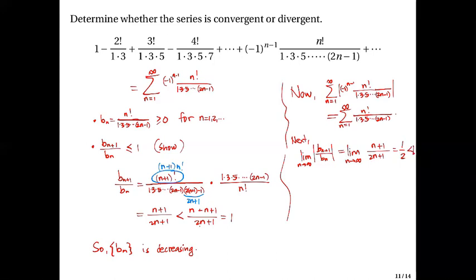Therefore, by the ratio test, the series negative 1 to the n minus 1, n factorial over 1 times 3 times 5 times 2n minus 1, from 1 up to plus infinity, is absolutely convergent.